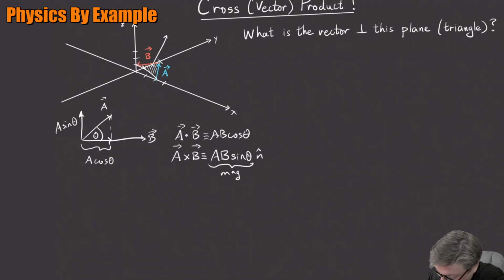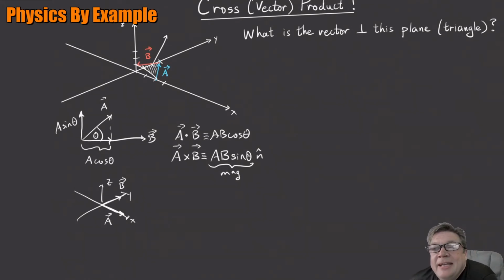If I just draw a simple XYZ, and if this is A and that's B, so A and B are in the XY plane, A cross B is going to be perpendicular to both A and B.